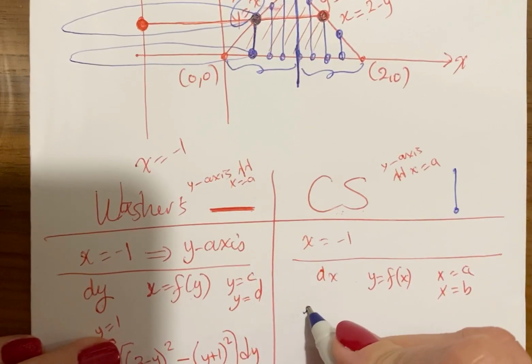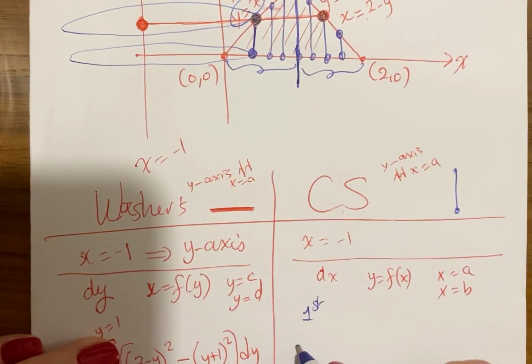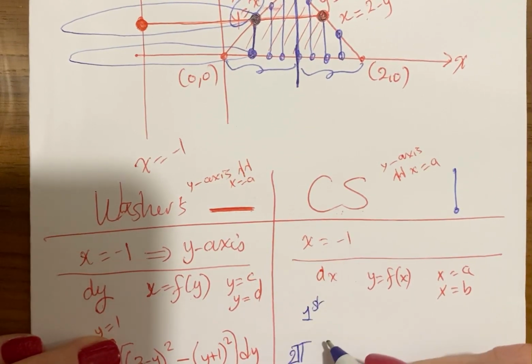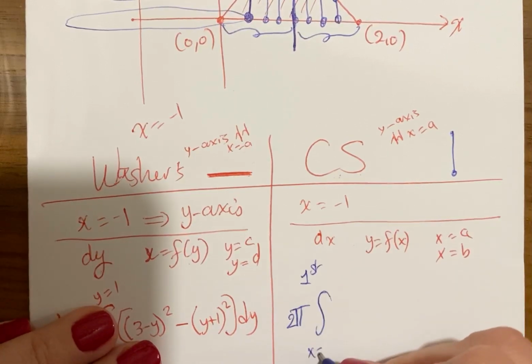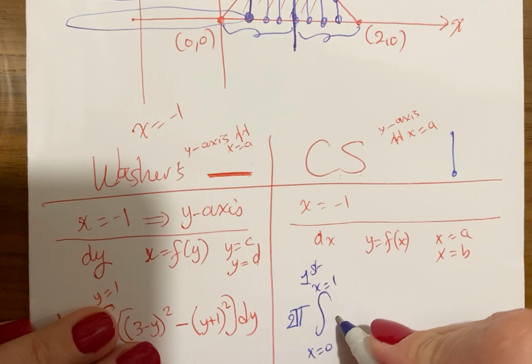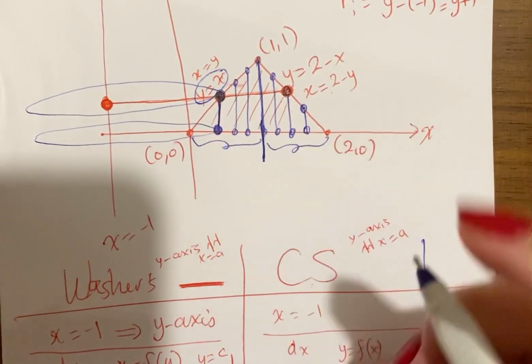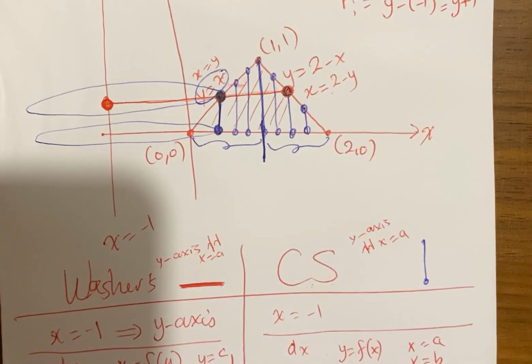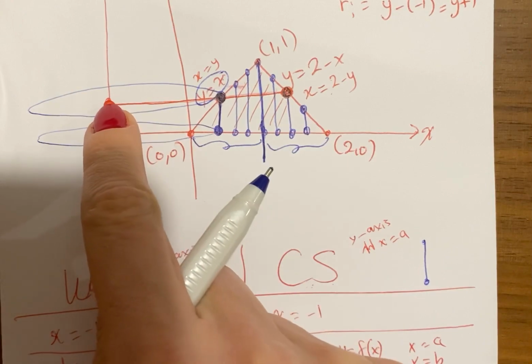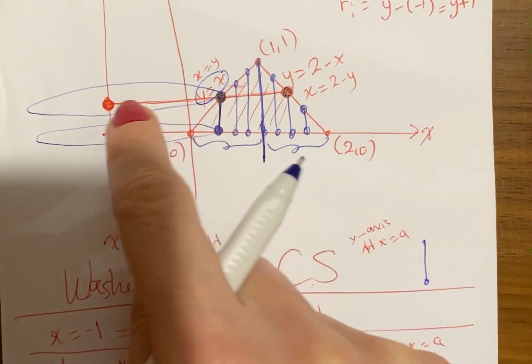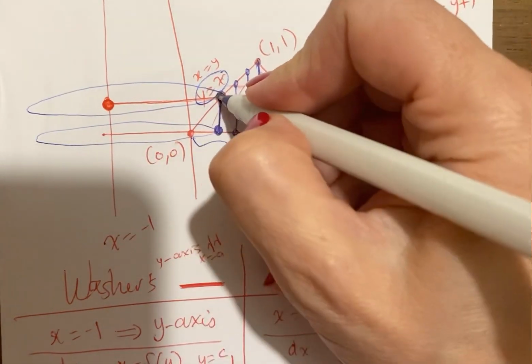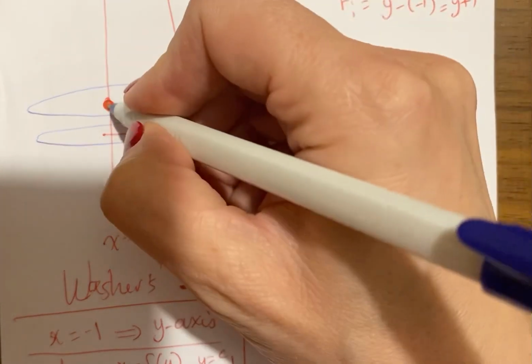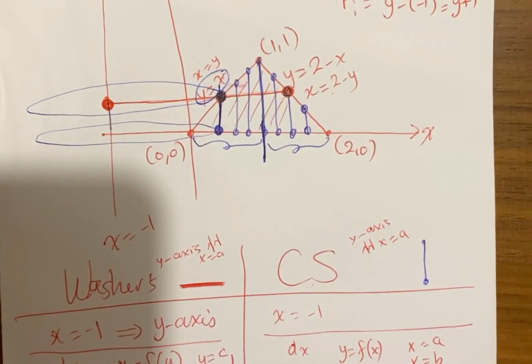So for the first section, from 0 to 1, you do 2 pi integral from x equals 0 to x equals 1. What is the height and the radius? The height is x minus 0, so x, and the radius is from the line of revolution to here. The line of revolution to here is x minus minus 1, so x plus 1 dx.